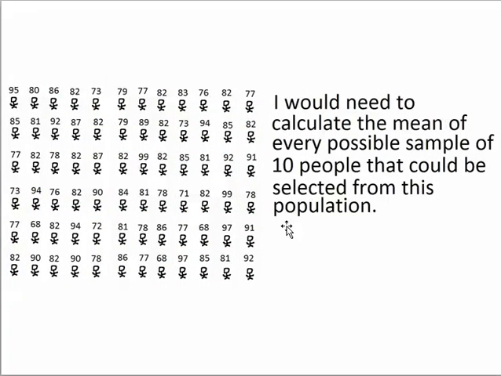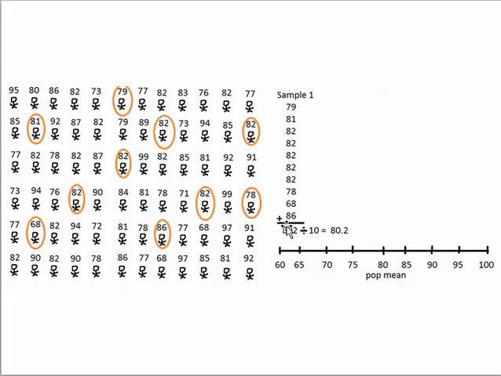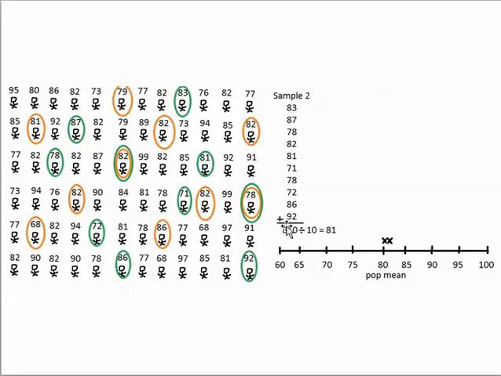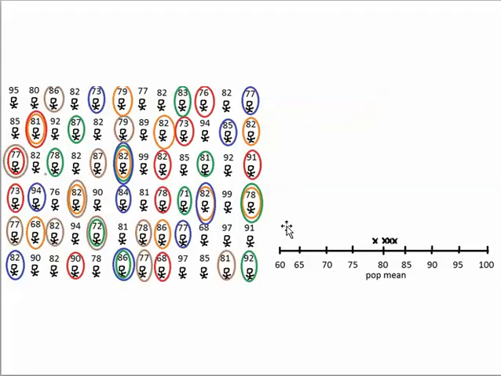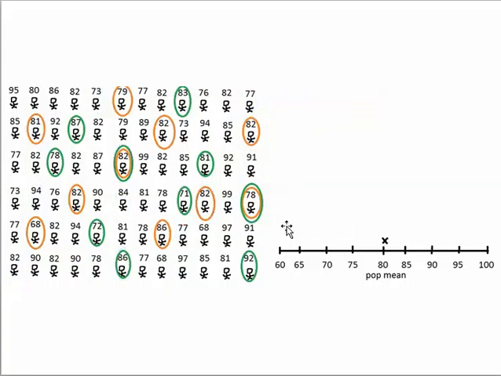So if I wanted to look at all possible samples of 10 people, I would need to calculate the means of all possible samples of 10. Sorry, I'll back up a little bit. Here's one possible sample of 10 people that could be chosen.